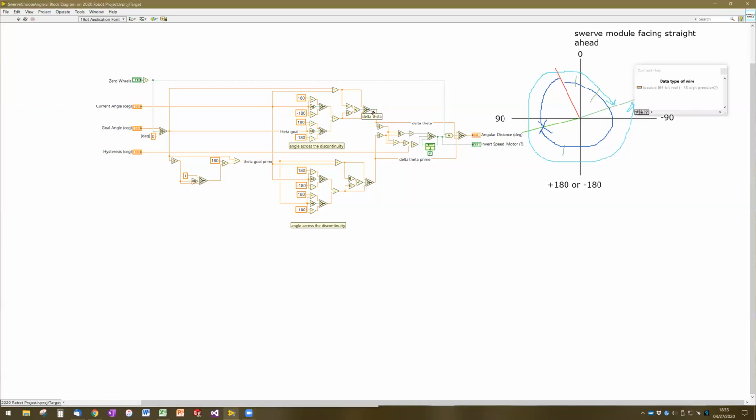And so the output of this select block is the smallest angular distance option, either counterclockwise or clockwise, for the darker green line, and that's the output here. Does anyone have any questions about this block of code here?